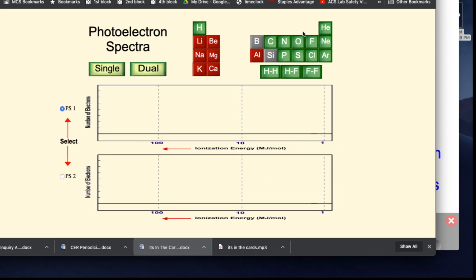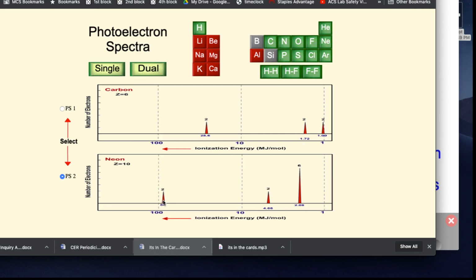But notice, if we look at them side by side, there's carbon and there's neon. Notice that the carbon's 1s requires 28.6 megajoules per mole of energy, whereas the neon is 84. And again, we want them to explore and reach some conclusions so they can apply this when it comes to periodic trends.